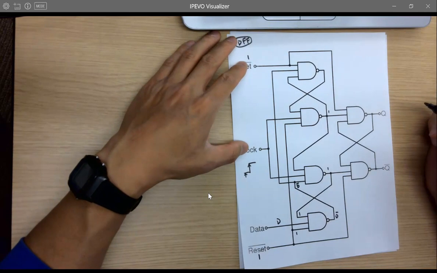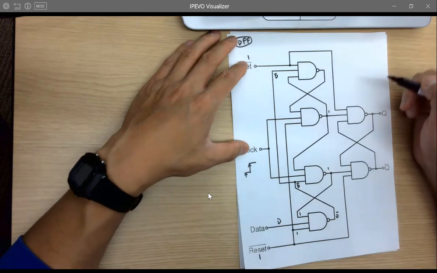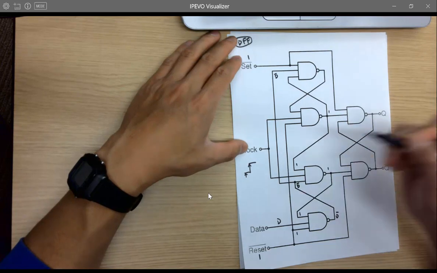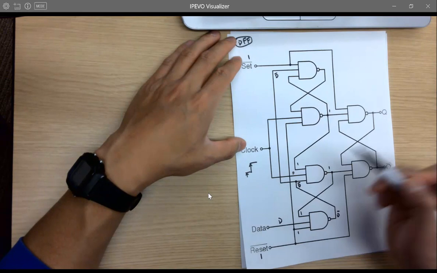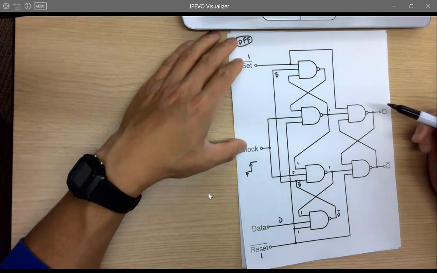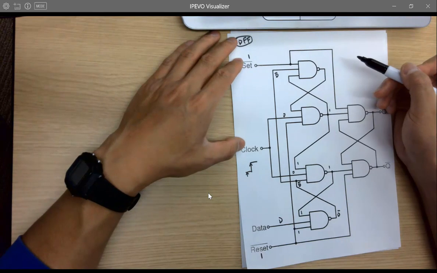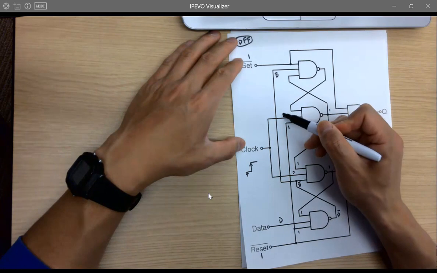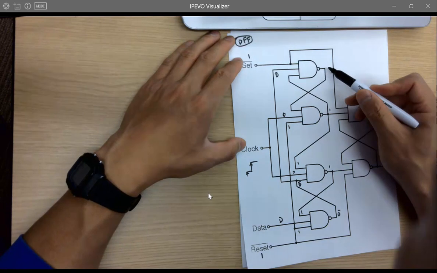It's the same signal line, so it's a D bar here, right? It's a 1, so it's a 1 here. Because clock is 0, so it's not changing anything, still 1. 0. And because the reset is 1, so this is also reset. We don't know what this one is for now, do we?